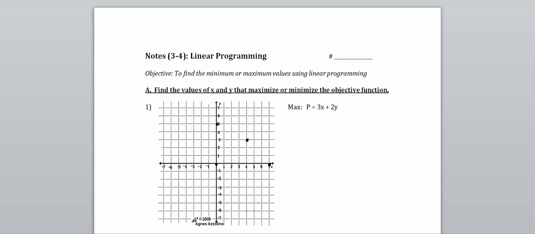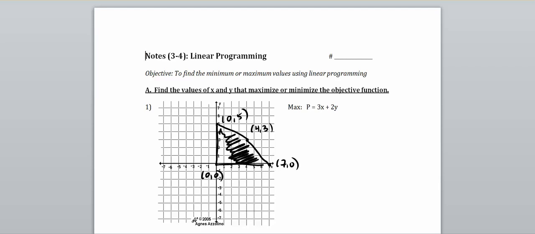So 0, 5 is going to go to 4, 3. Again, that was 0, 5. And then I'm going to draw a straight line from 4, 3 to 7, 0. And I'm going to have 0, 0. And what I want you to do is just shade in, pretend like we're in the first quadrant. I want you to shade in the area here.